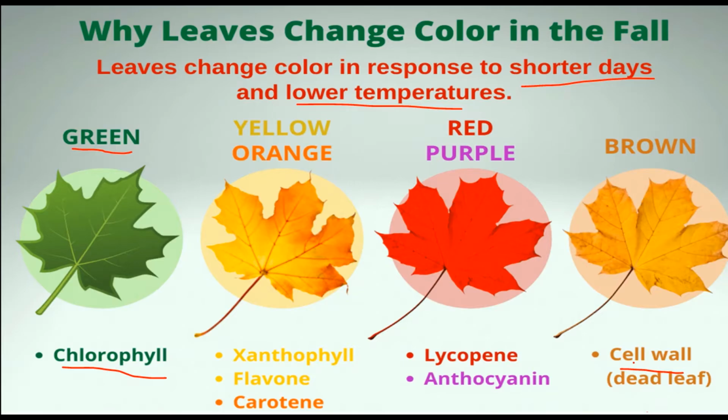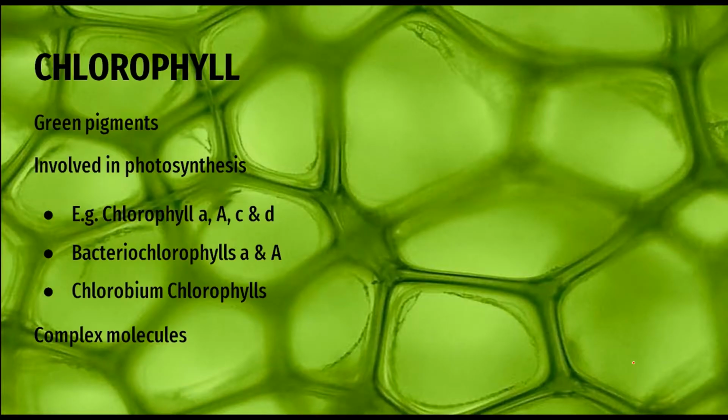So, let's first start with chlorophyll. These are the green pigments involved in photosynthesis in plants and some microorganisms. Some examples are chlorophylls, bacteriochlorophylls and chlorobium chlorophylls.